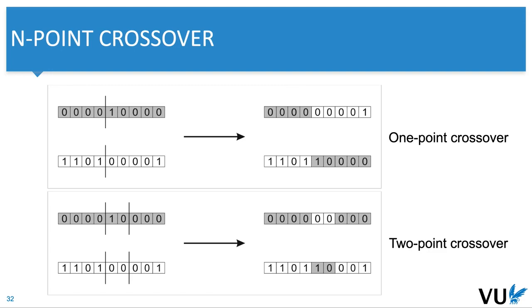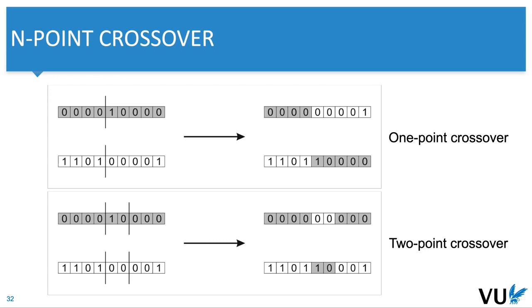What does it mean? Let's say that on the left and on top we have two parents, a gray one and a white one. We just select one point and then we replace the second part. We go from gray to the white one and white one to the gray one.